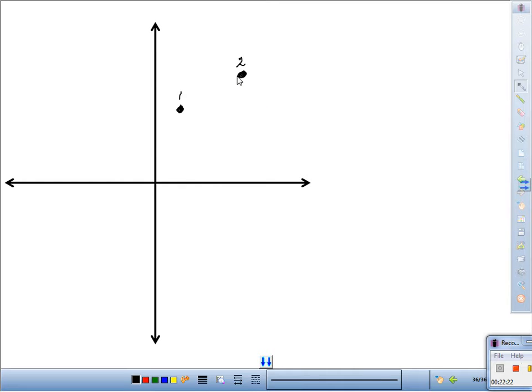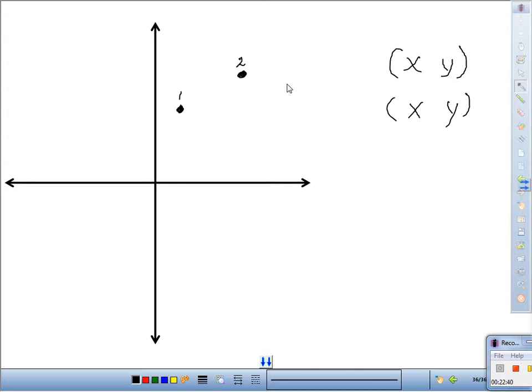Okay. Now check this out. I'm going to write the coordinates for point 1 right here. Point 2. Point 2 has a coordinate x and a coordinate y. Is that correct? How about point 1? Point 1 also has coordinate x and coordinate y. Write that down, please. You're saying, they look the same, Mr. Q. Yes, I'm trying to make a point.